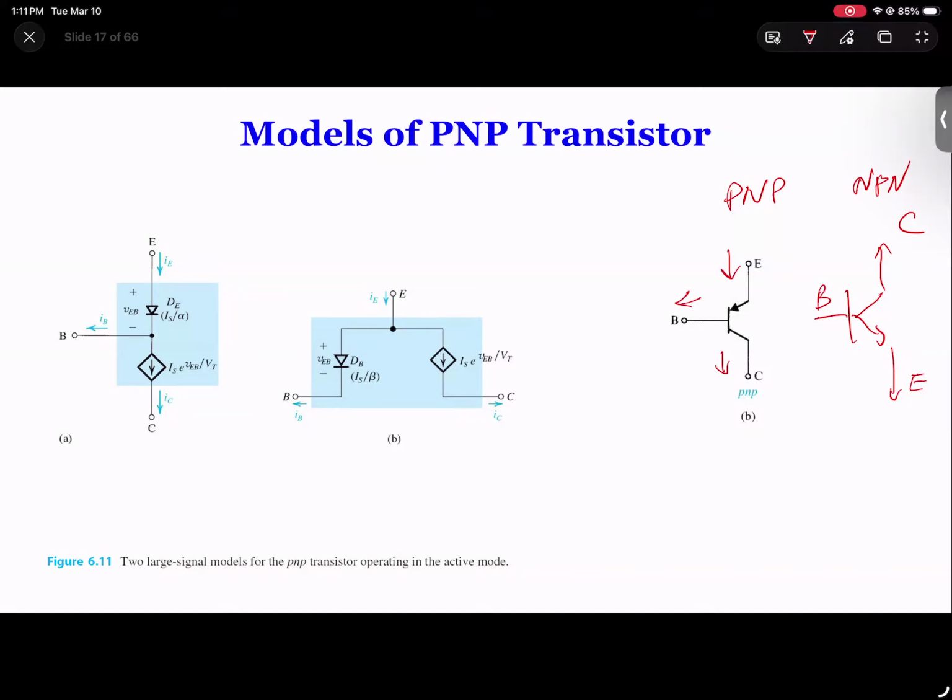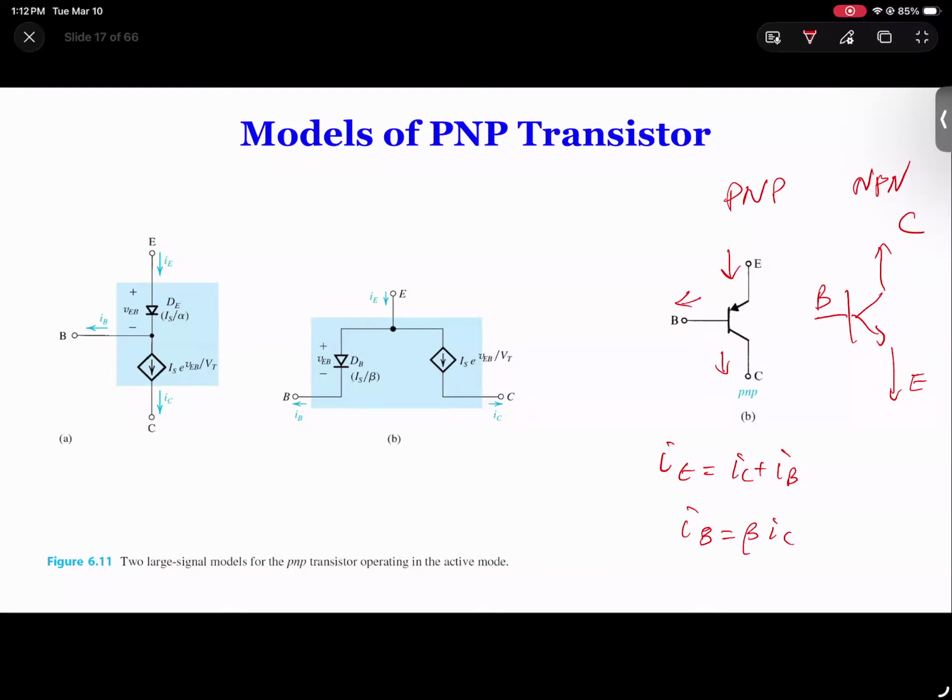So therefore, you still have IE equal to IC plus IB, the same thing. And then you have IC equal to beta times IB. So those equations, I mean, for both PNP and NPN, the current is from emitter to collector.